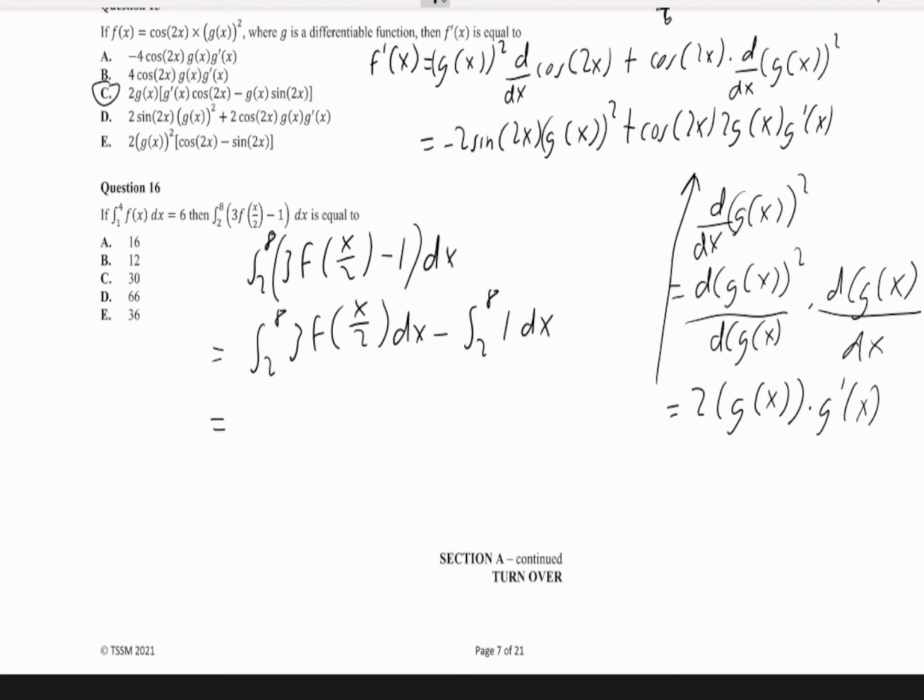You take the 3 out as well. I'll just write that over here. And that gives you 3 times 12 minus 6. Yeah, and that's 30, which is C.